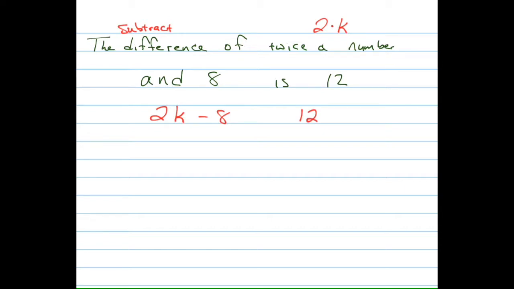What do we think is means? Equals. They're the same. The difference is 12. It's not is more than 12, or is less than 12, or is close to 12, or is at most 12, or is related to 12. It is 12, and so that tells us it's equals. That's how we write our equation. So when we see just is, we're looking at equals.